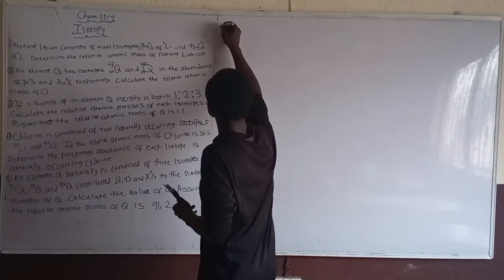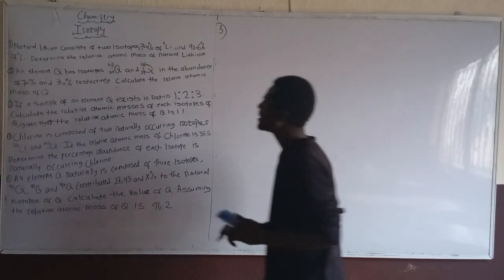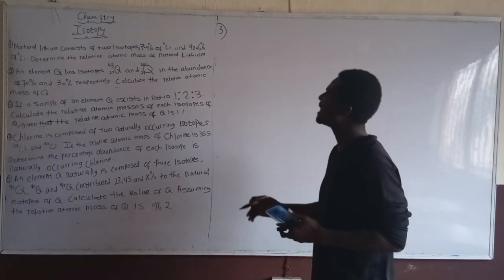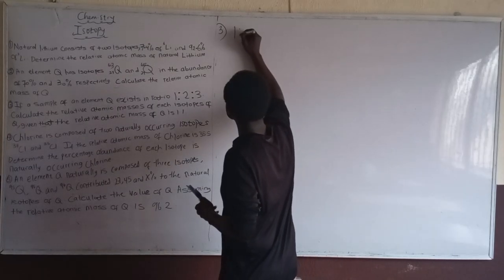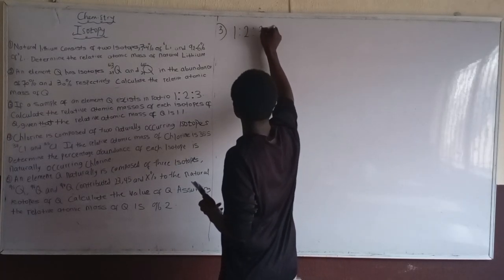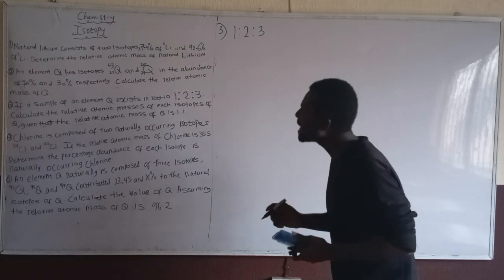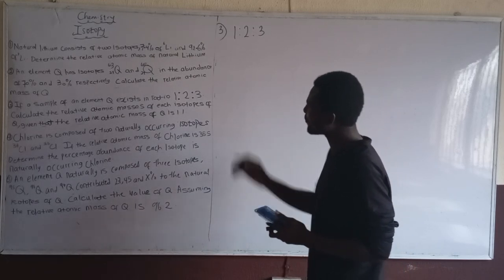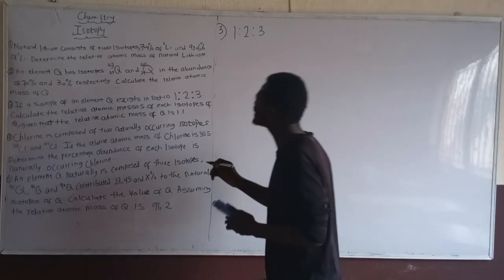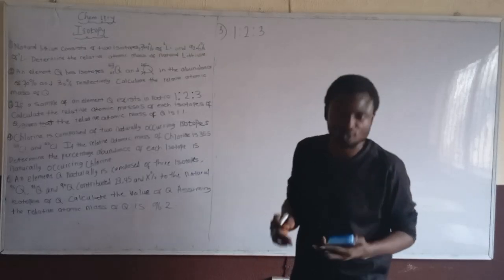Question 3: if a sample of an element Q exists in the ratio 1:2:3, calculate the relative atomic masses of each isotope of Q, given that the relative atomic mass of Q is 1.1.